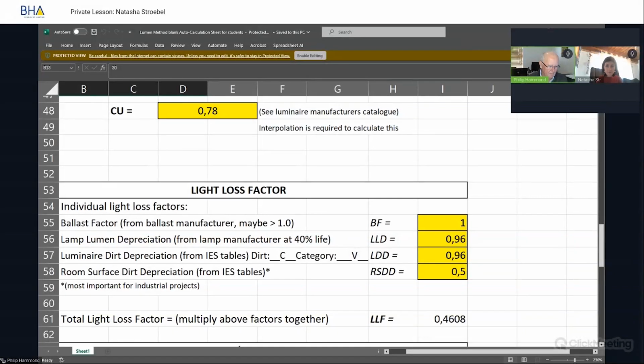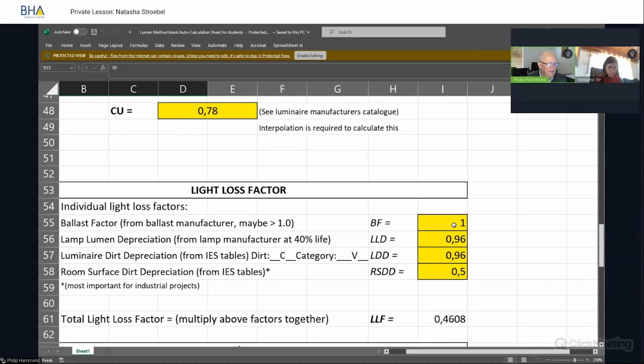No. But you can't put a 0, because if you multiply these 3 by each other times 0, what is your answer going to be? 0. That's right. And that's why we always put a 1 in there if it's LED.